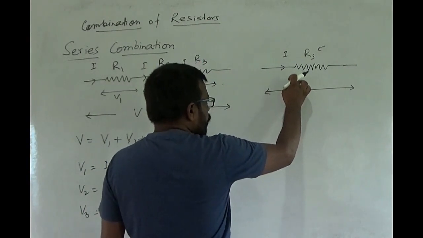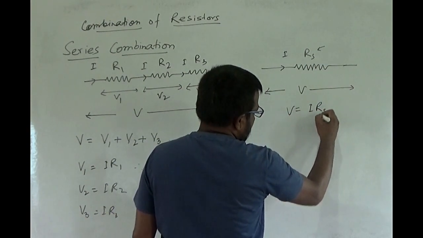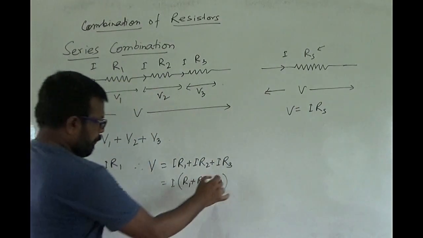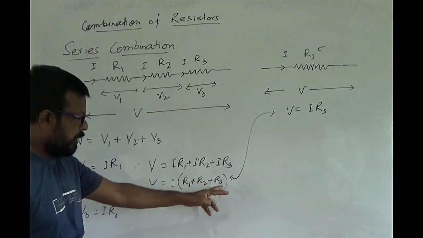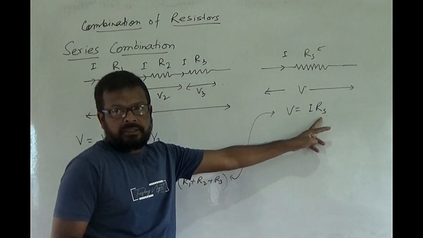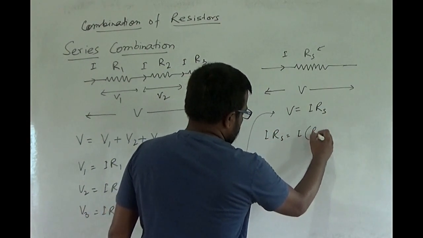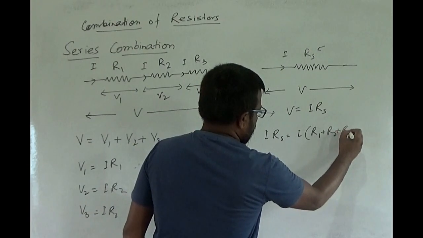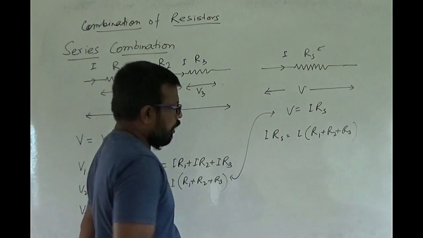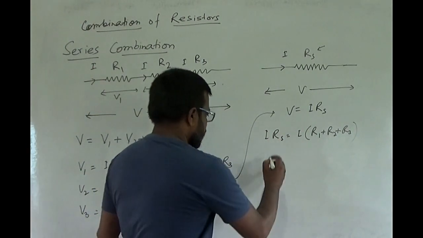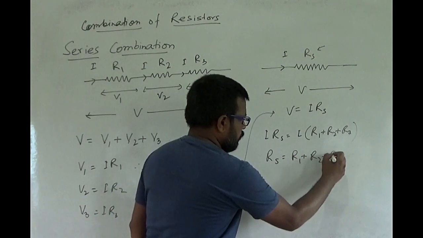Applying Ohm's law to this resistor, V equals I into Rs. Comparing the two equations, I into Rs equals I into (R1 plus R2 plus R3). Dividing both sides by I, we get Rs equals R1 plus R2 plus R3.